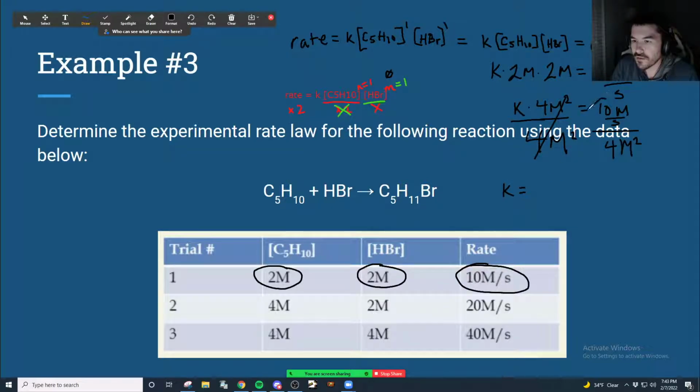Now I realize that this looks really nasty. It looks nasty to me. But the number is not that nasty. 10 divided by 4, so that's 2.5. The number here is 2.5. The units obviously look kind of not so nice. I don't want to make the video about the units. We already talked about how to find the units of k given different orders of reaction.